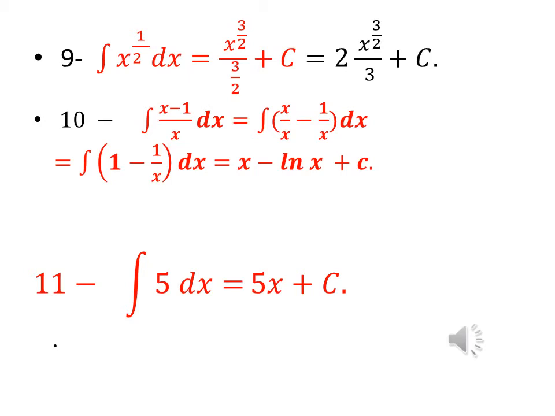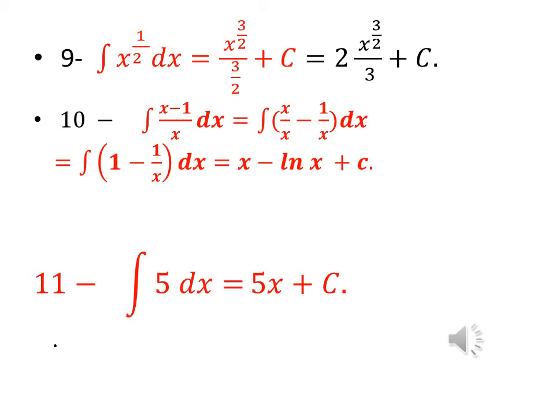But if I divide the numerator over the denominator, we get x over x minus 1 over x. If the numerator has many terms and the denominator is one term, I can distribute the denominator over each term.